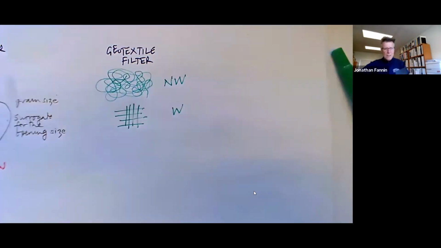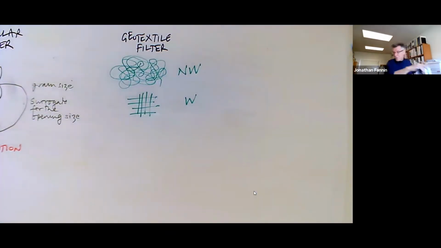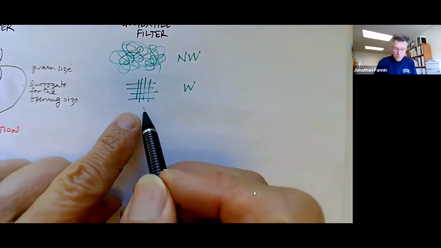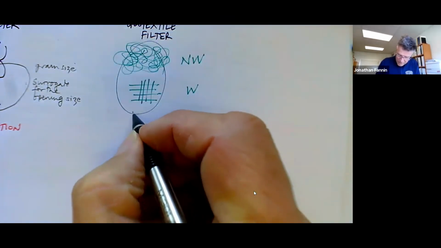I can hold it up to the light again and we see that. It's like a tennis racket, a mini tennis racket. And by and large, all of the opening sizes are the same. And we can measure. We've got an interest in this opening size, and the manufacturers will report that. We don't need a surrogate for the opening size. We actually measure the opening size.